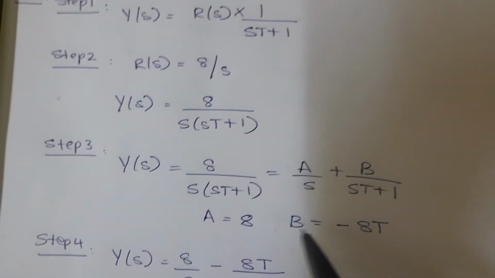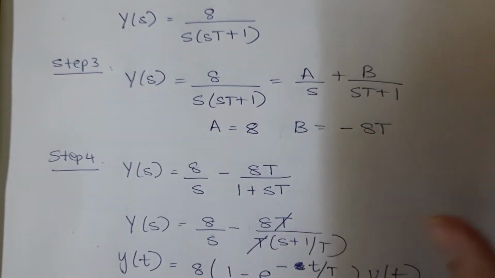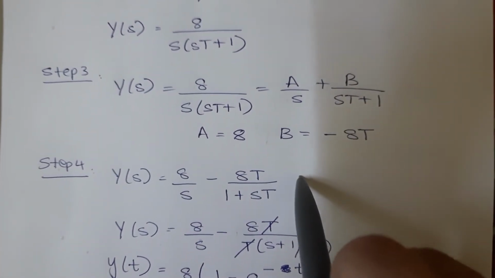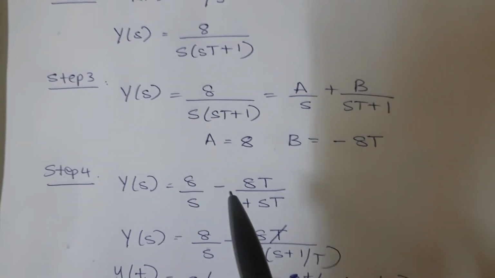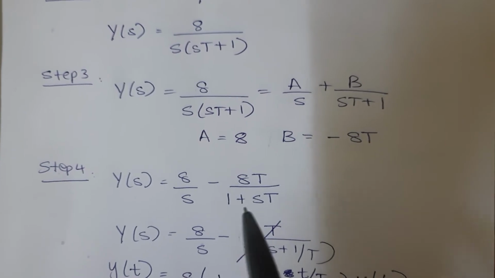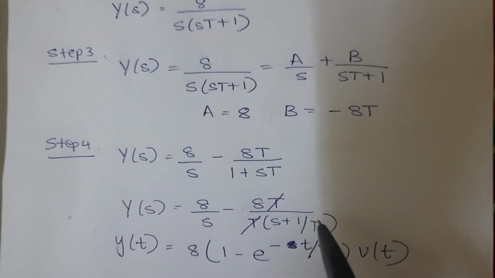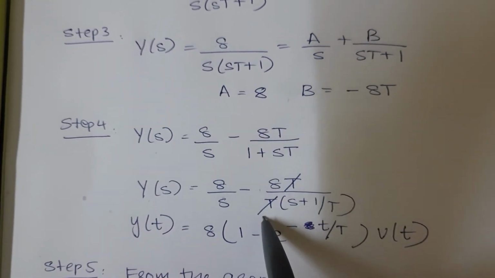Now I have both the coefficients A and B. So after substituting the coefficients in the fraction, I will get the value as 8 by s minus 8 by T upon (1 plus sT). To bring it in the standard form, I'll take T common from the denominator.